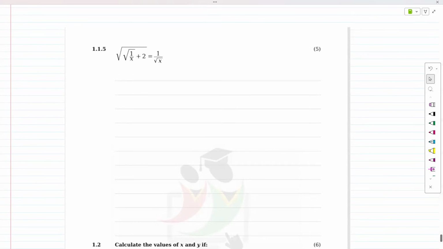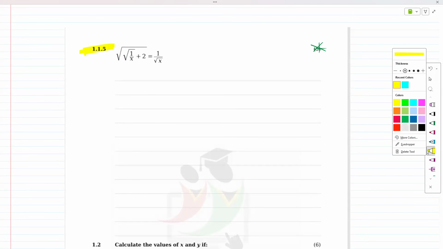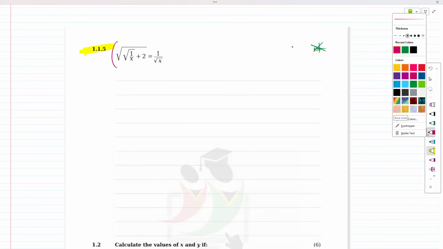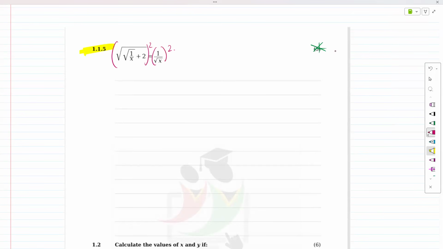This is your level 4. I'm going to put a mark by it. We're going to do it. But again, I'll make a video based on only these types of questions, okay? So let's start. Firstly, I would square this both sides, right? I would square this. And if I square it, I got rid of that part.